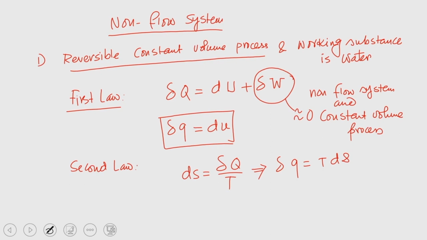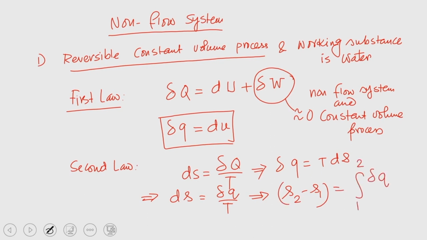If we integrate it, we write S2 minus S1 equal to the integral from 1 to 2 of delta q by T. This is an exact differential, a point function.